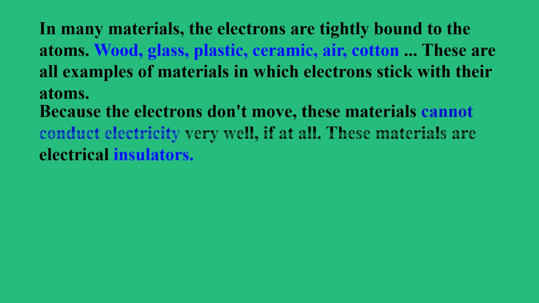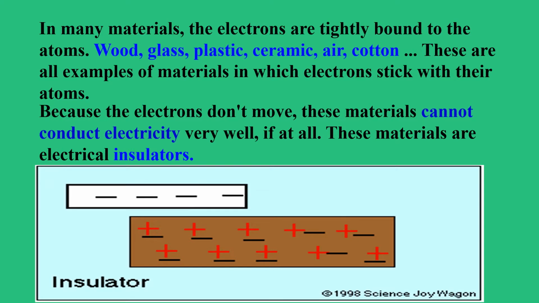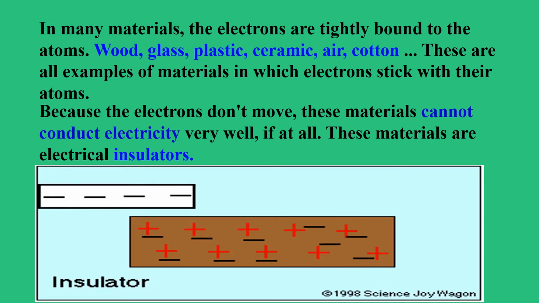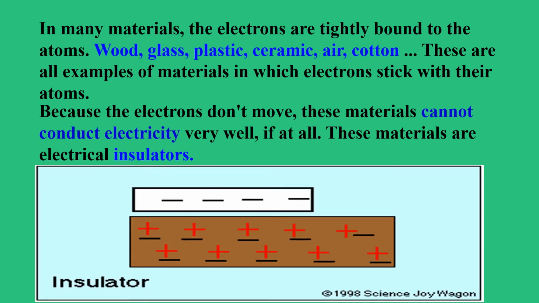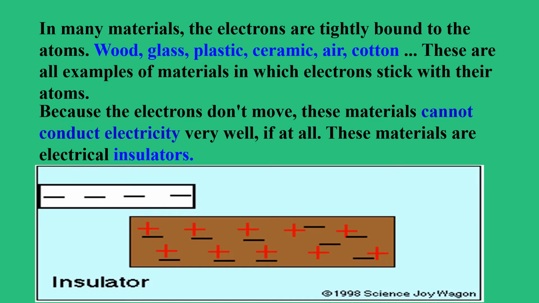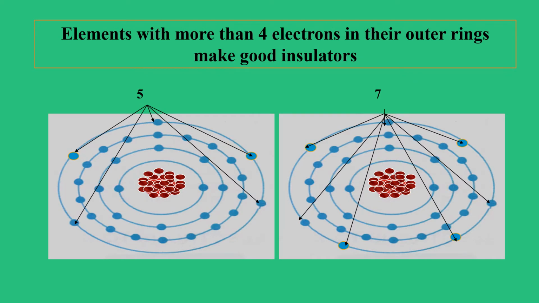These are all examples of materials in which electrons stick with their atoms. Because the electrons don't move, these materials cannot conduct electricity very well, if at all. These materials are called electrical insulators. Elements with more than 4 electrons in their outer rings make good insulators, as in the figures below.